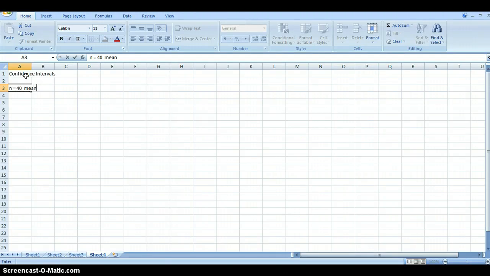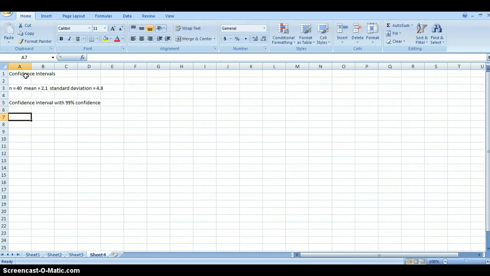I have a mean of 2.1, and my standard deviation is 4.8. And I want a confidence interval with 99% confidence.